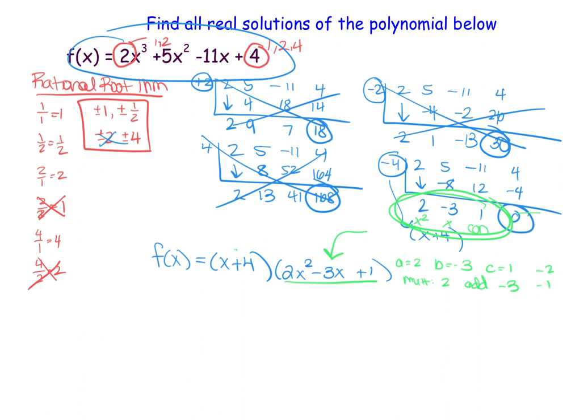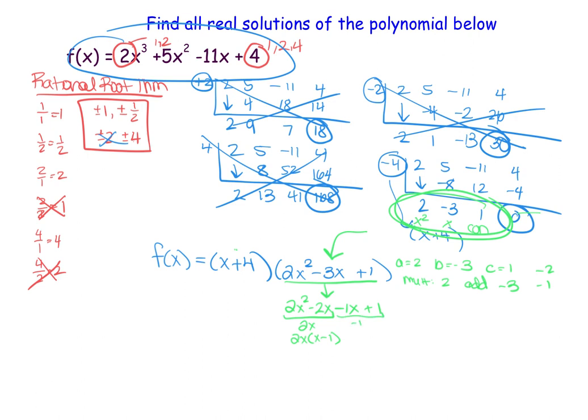So I would be able to factor that, and we could use our factoring trinomial strategy to factor this further. So here we could take 2x squared minus 2x minus 1x plus 1, factor out our greatest common factor here, which is 2x, so we get x minus 1.